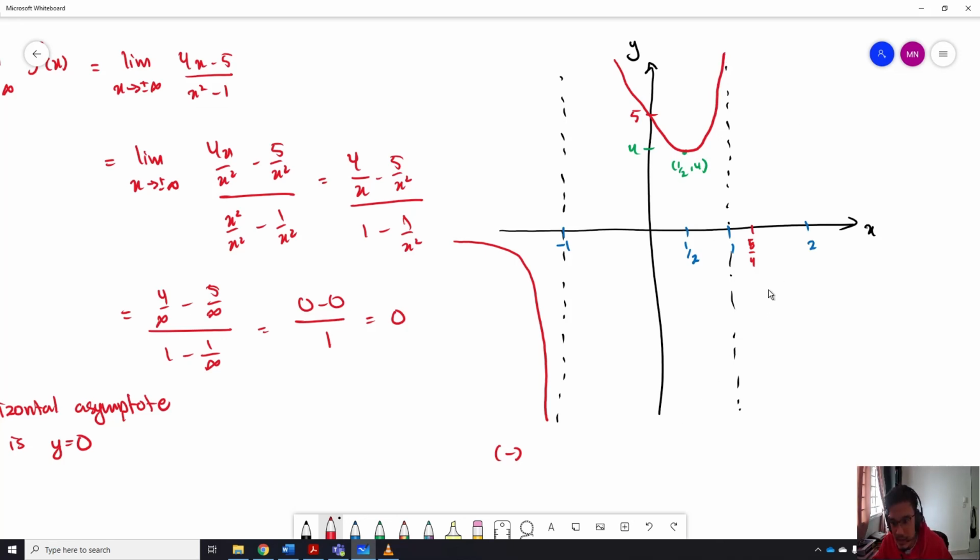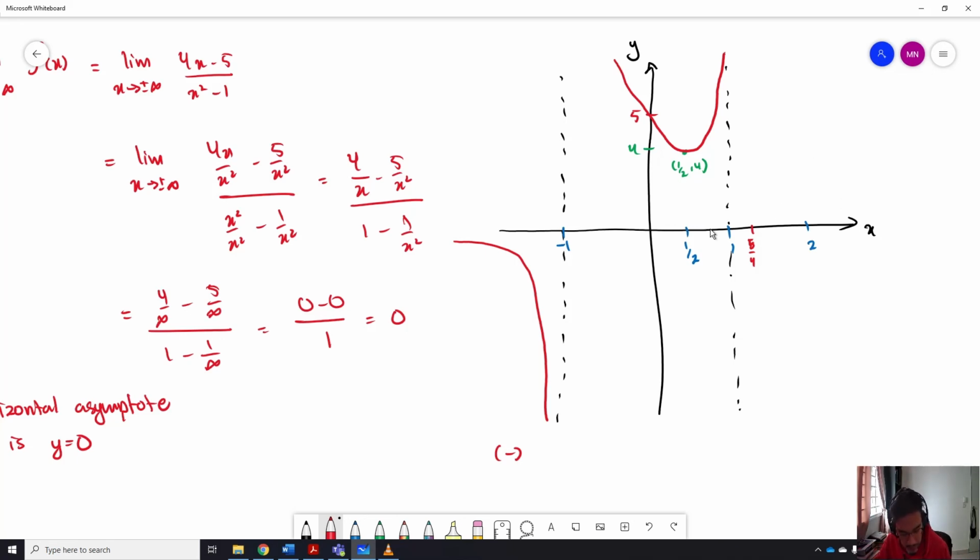And then next is the region from 1 over 2 until 1, which is positive. Okay, we already did that. And next is the region from 1 until 2.